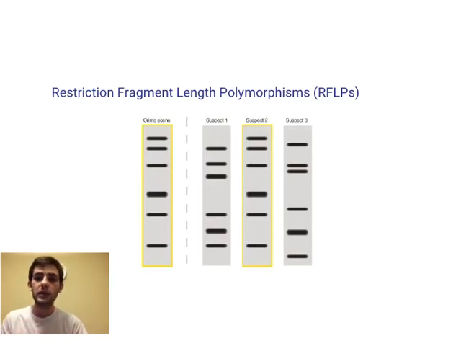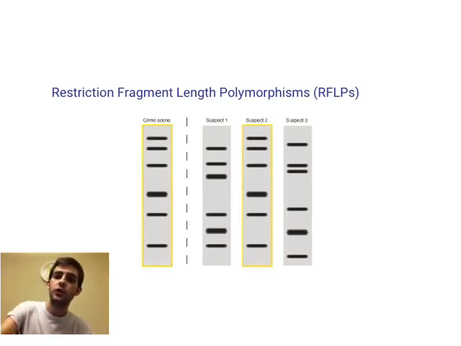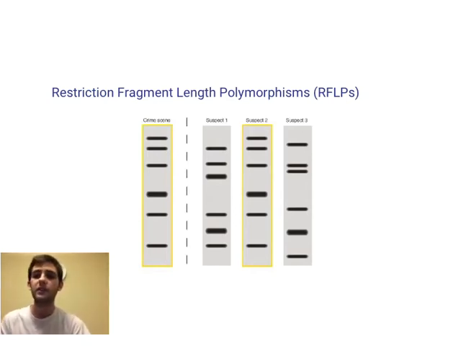So this unique different sizes of restriction fragments per individual is what we call restriction fragment length polymorphisms. That's just a very fancy way of saying it's a very unique fingerprint for each individual. We all have different DNA, so the restriction enzymes will produce different sizes of those fragments.